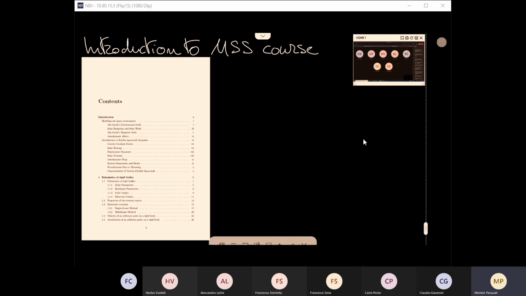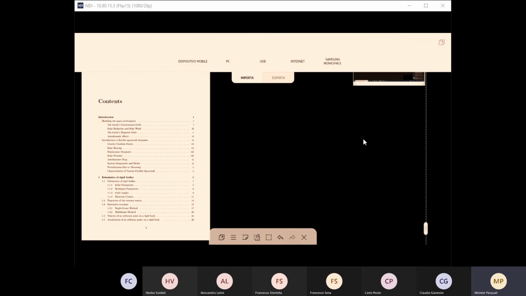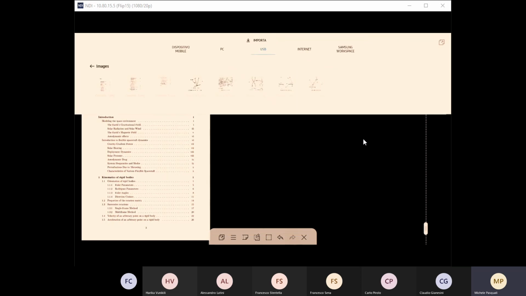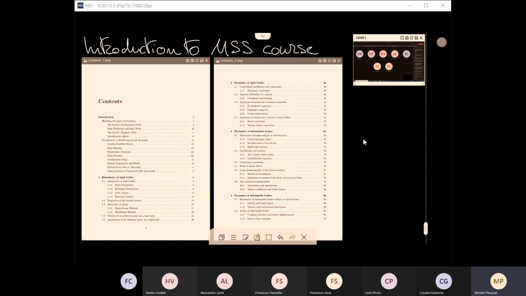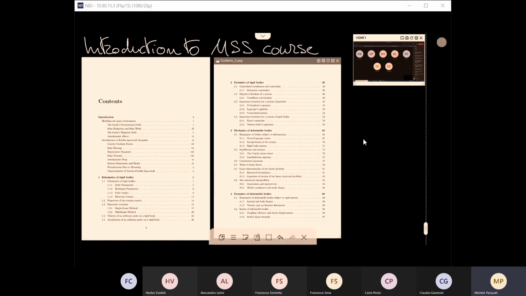Then the second part, allow me to introduce it. Here. So you see, we will be going from the description of the orientation and the position of a rigid body, which is the kinematics of the body, to the dynamics.